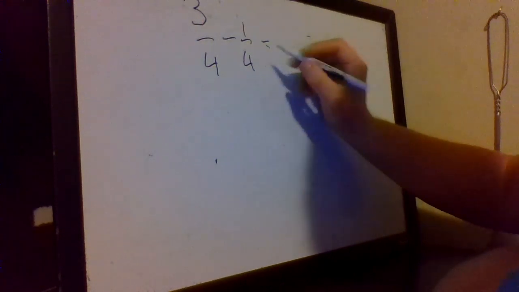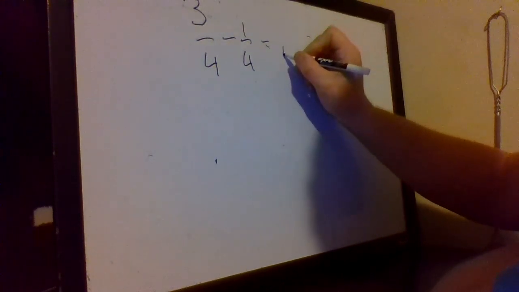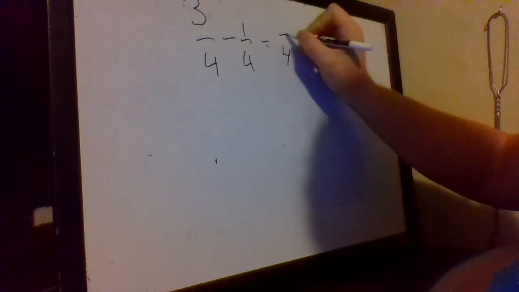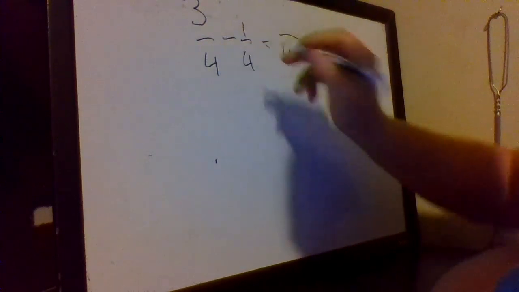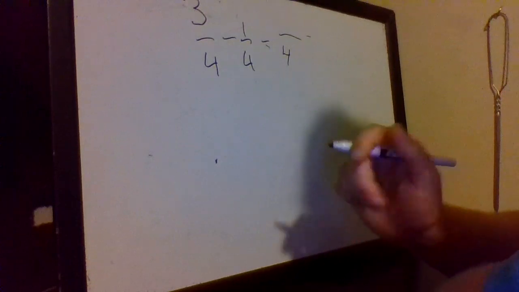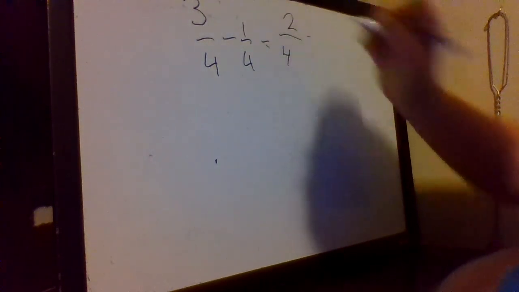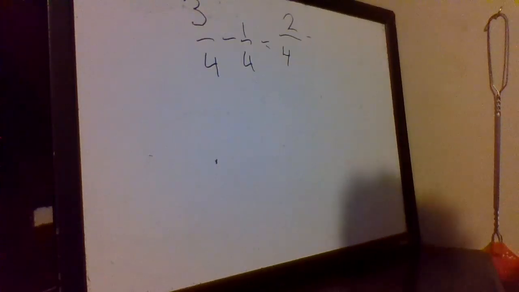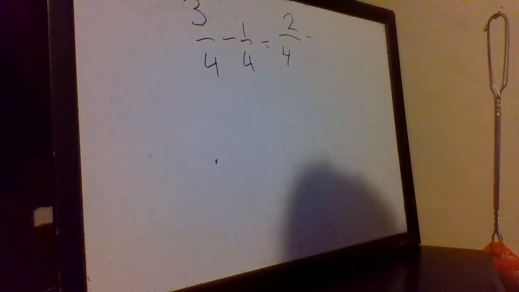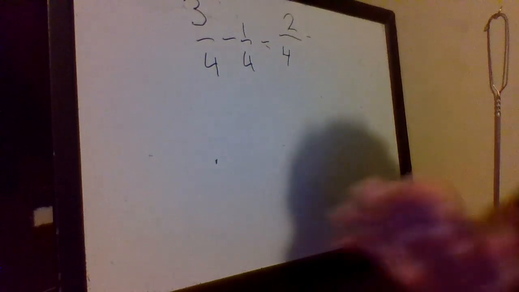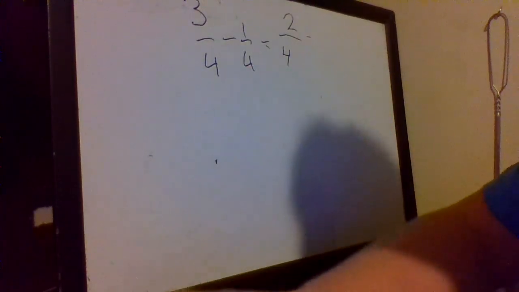We don't subtract our denominators, we just bring them right over. And then we subtract our top numbers, or numerators. So 3 minus 1 is 2. Now, essentially, we've subtracted these two fractions. We need to simplify, but we'll get to that later.